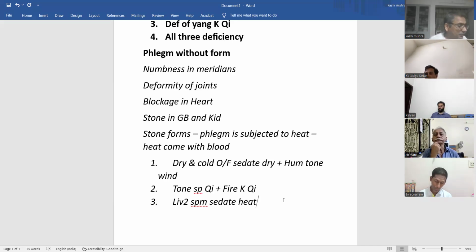Numbness I have already spoken about, isn't it? Whichever meridian is going, that meridian, what should you do? Take opposite flow so that the phlegm is taken out of that meridian.